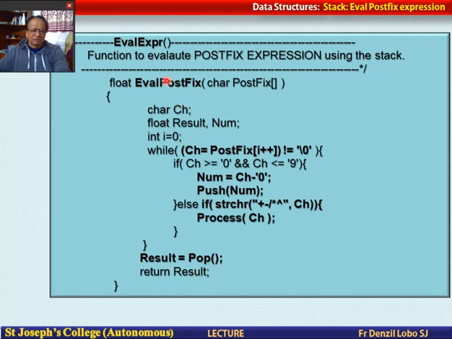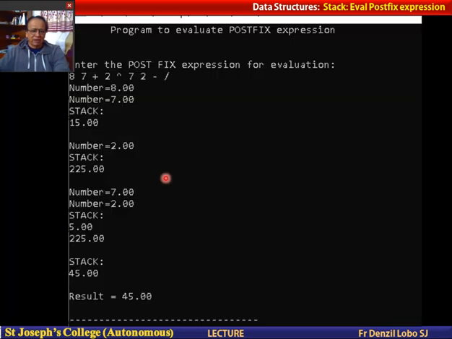So this function evalpostfix takes the postfix expression as the parameter, evaluates that and returns the result to the main program. And here I have one postfix expression. As you see, 8 and 7 are added to give 15, and then 2 goes onto the stack, and this is the operator. It is power, therefore it finds 15 squared and pushes 225 onto the stack.